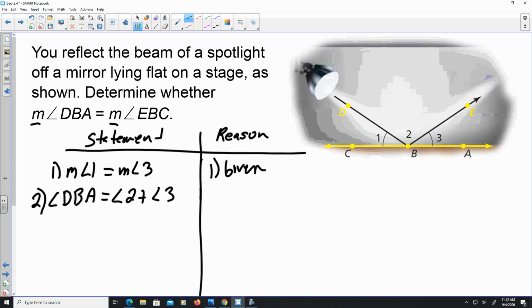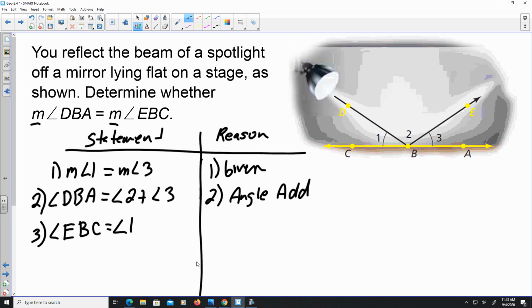The reasoning we can take from this actually comes from chapter 1, and that's the angle addition postulate. Same reasoning for step 3: the angle EBC is going to be equal to the angle 1 plus the measurement of angle 2. And again, that's from angle addition.